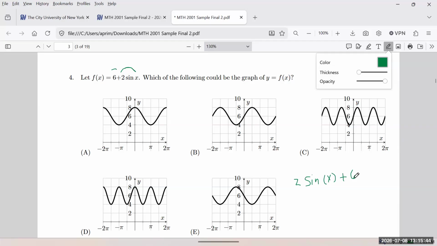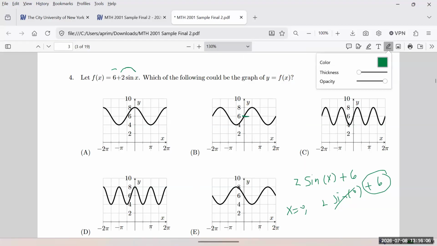If we can find the y-intercept, this will be easier to figure out which one. So when x is 0, we get 2 sine 0 plus 6. What is sine 0? 0. So when x is 0, our y must be 6. When x is 0, y is 6 here.